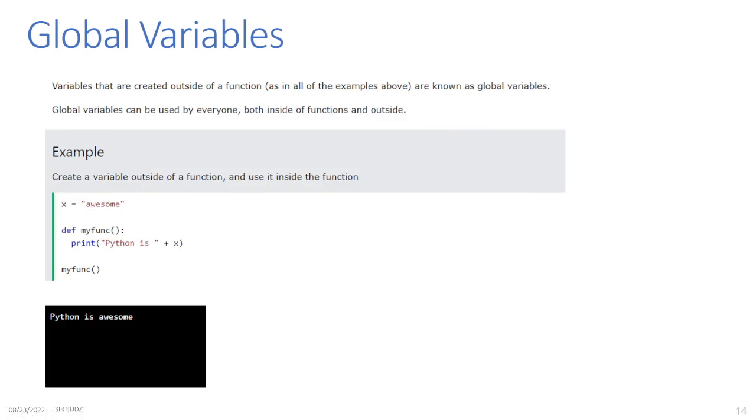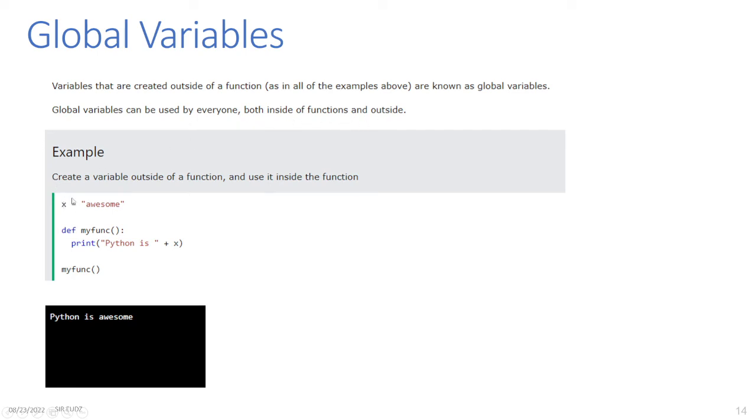Then we also have global variables. When we say global variables, these are variables that can be referenced more or less anywhere in your program. Variables that are created outside the function, as in all of the examples above, are known as global variables. Global variables can be used by everyone, both inside of a function and outside. For example, x is awesome.